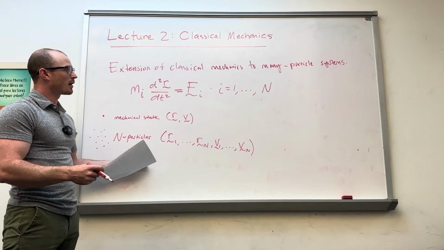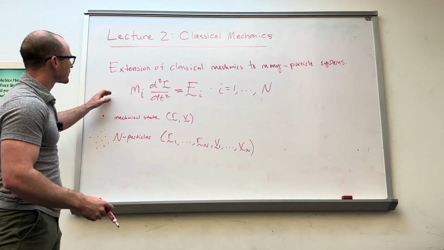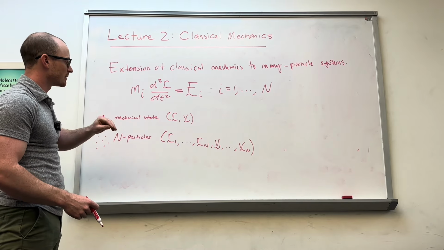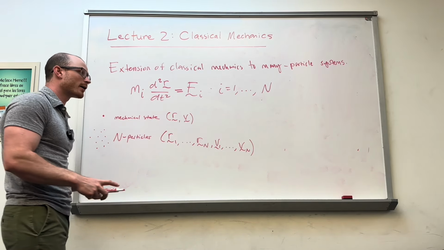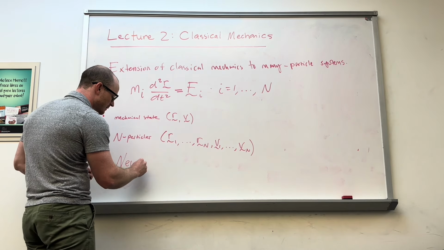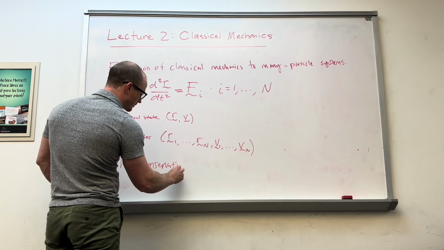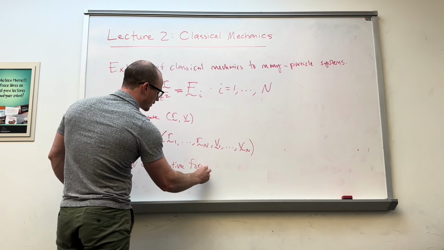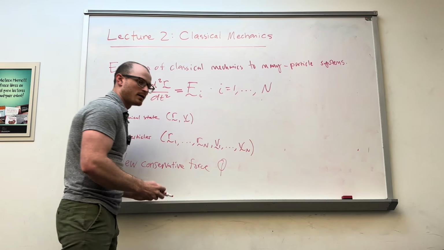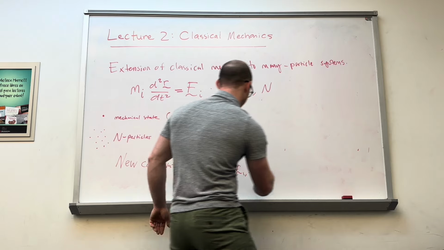Now, I'm not going to go into detail on this in this lecture, but the only difference between this many particle system and the systems we've talked about before is that now there is a new conservative force, which we are going to call φ, which is a function of the positions of all the particles.